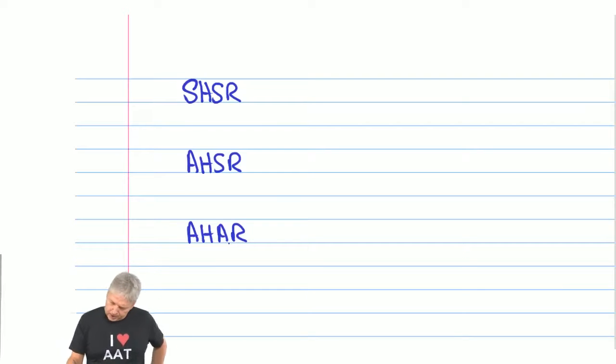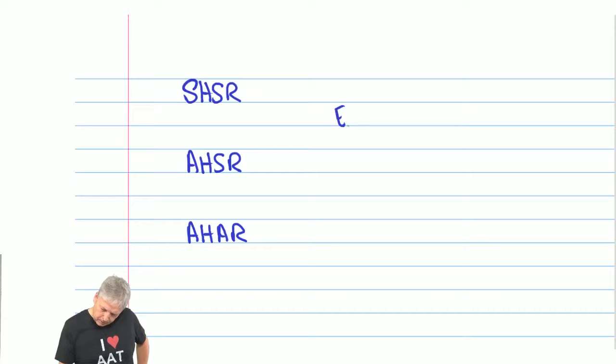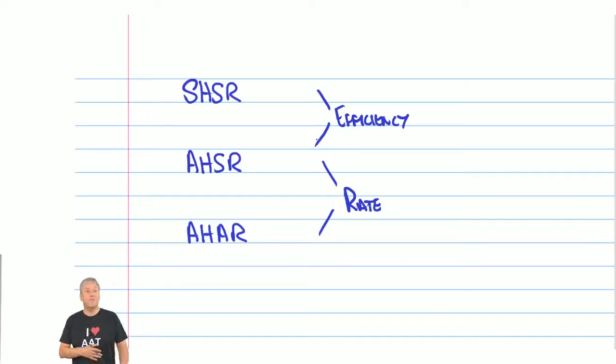And what we want to say is, well, okay, this is the efficiency variance, and this is the rate variance. So all we have to do is to find the missing number.